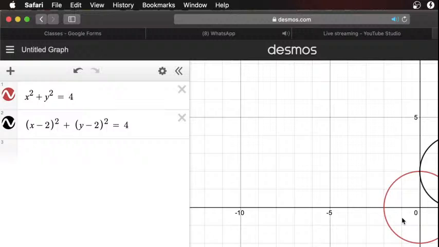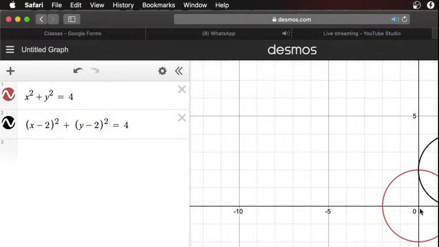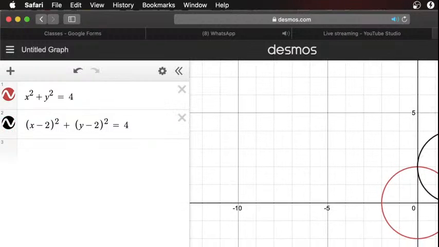The reason is because of the displaced center. If you had changed the origin from 0 comma 0 to this point 2 comma 2, then this circle would also be the same x square plus y square, because in essence the value of x is basically the distance from the origin.